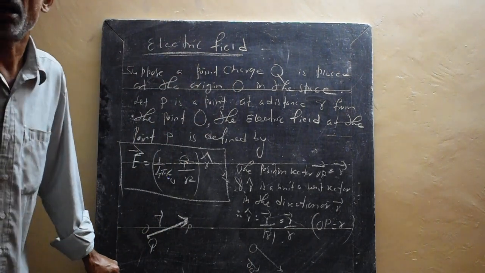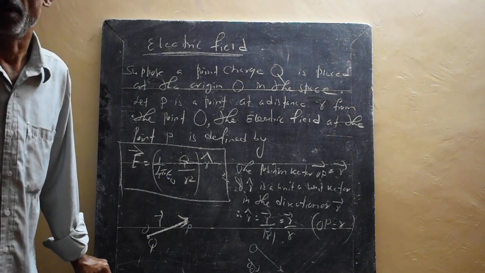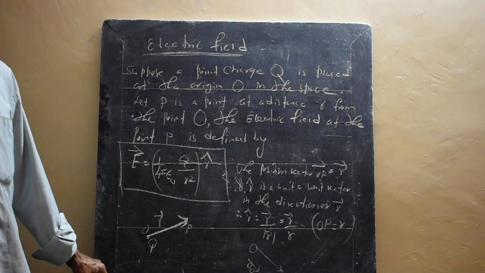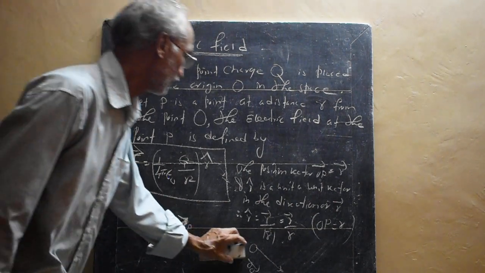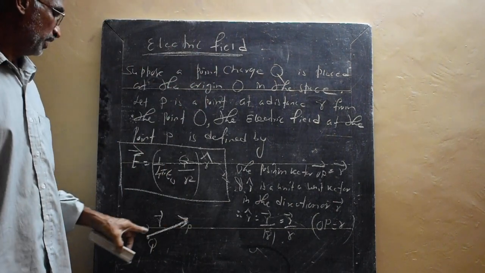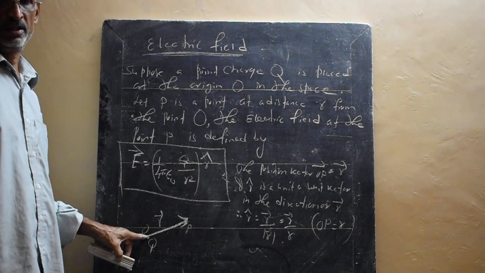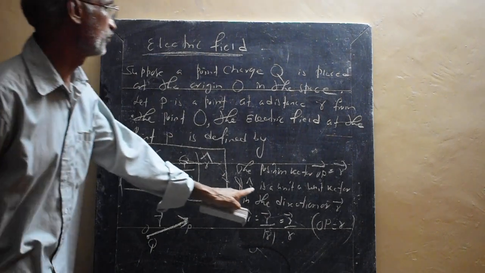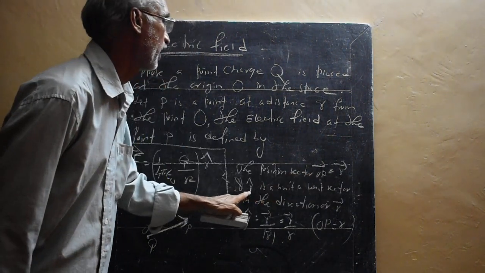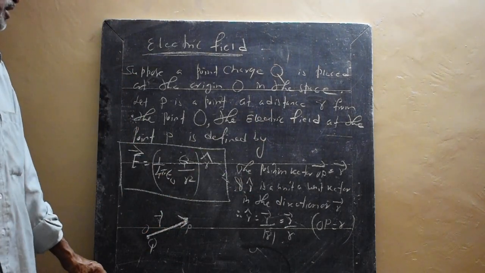Suppose there is a point R in the space, then its position vector is OR bar. Suppose there is a point S in the space, its position vector is OS bar. So if the initial point of the vector is O, then that vector is called a position vector. Therefore OP bar is equal to R bar, where R cap is a unit vector in the direction of R bar.